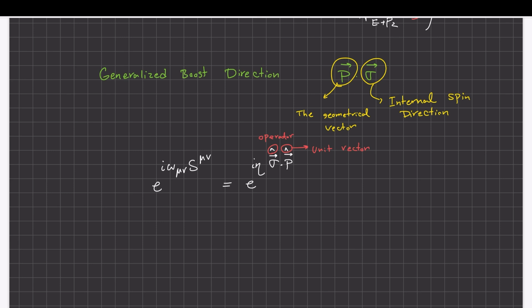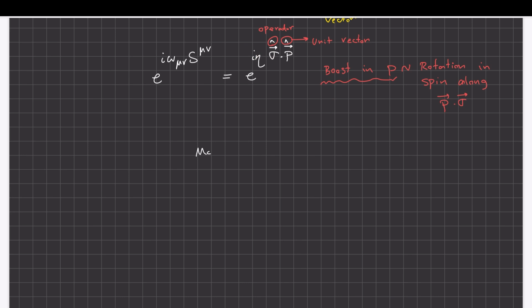And this is something that we can simplify the whole expression, and that means the boost in momentum is equivalent to the rotation in the spin direction along p dot sigma. So for example, when we only had the z direction, we had sigma 3, but in any direction we just have to calculate p dot sigma.